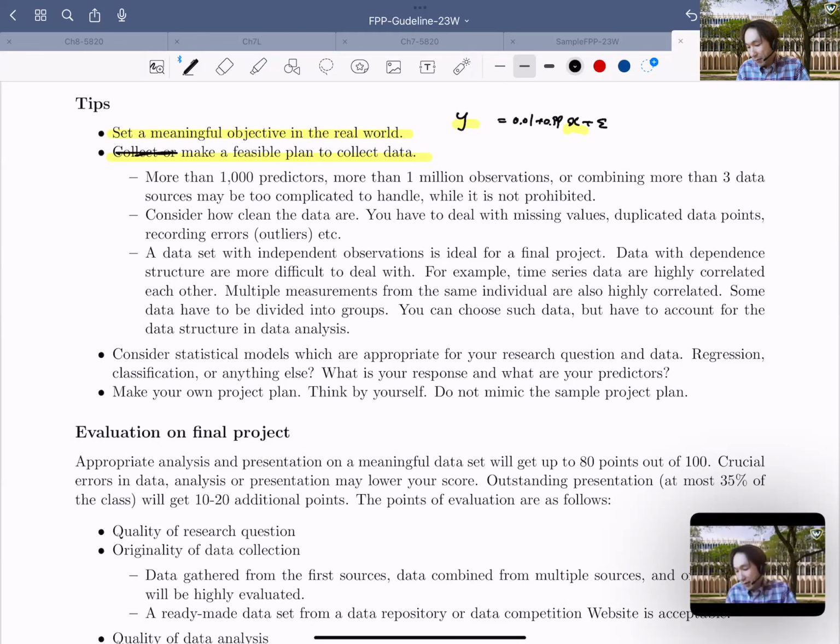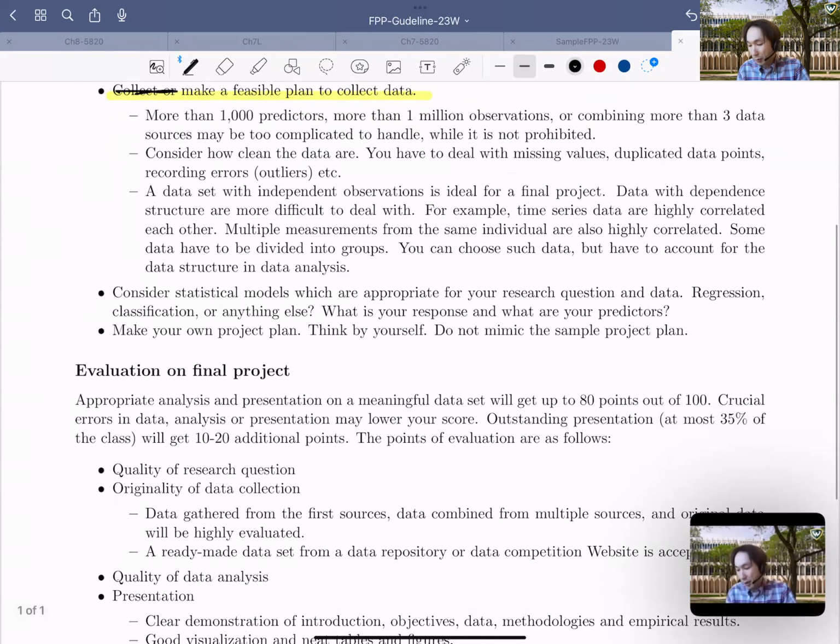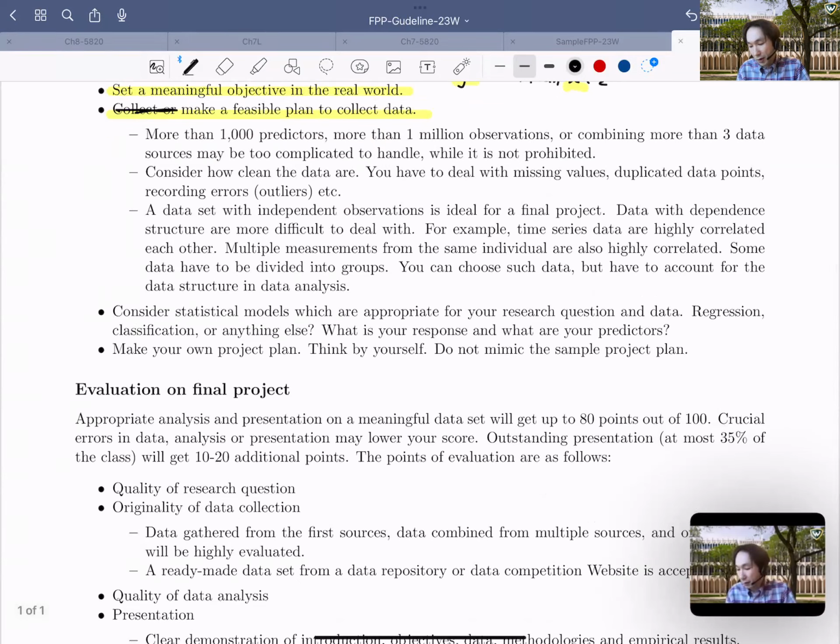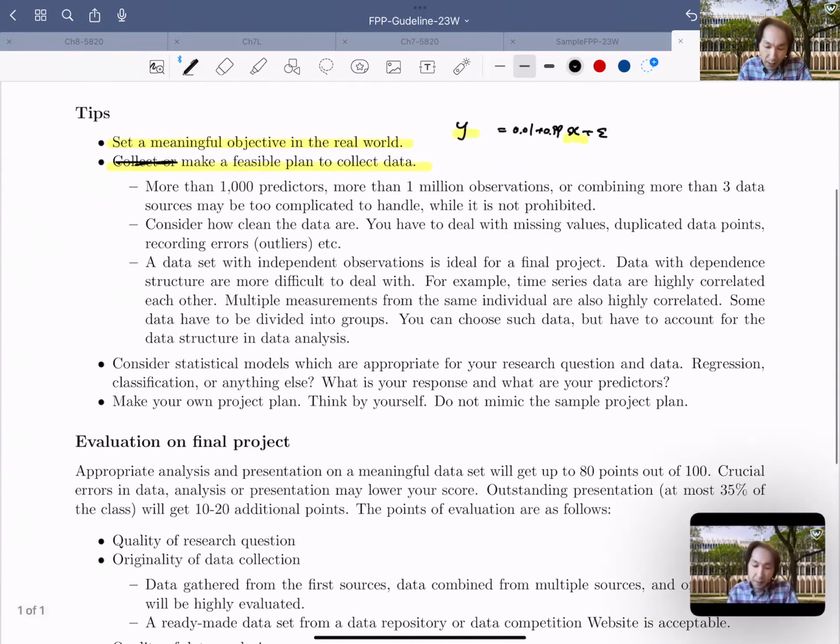Some students did their own survey, maybe an online survey, to get some data, then analyzed it. But that is a little harder for this class. 50-30 only discusses linear regression, so maybe some simple survey data works well. But for this course, it's slightly more difficult. Still, some students did that.